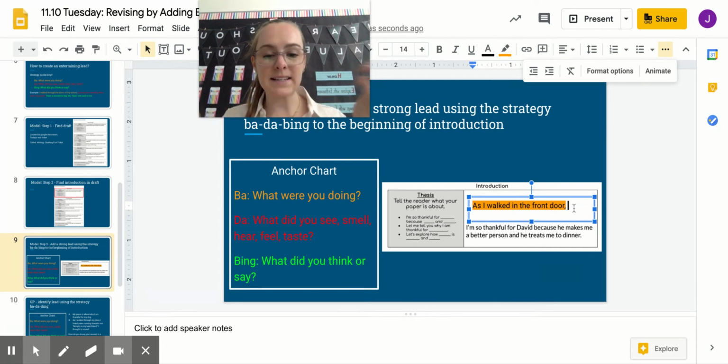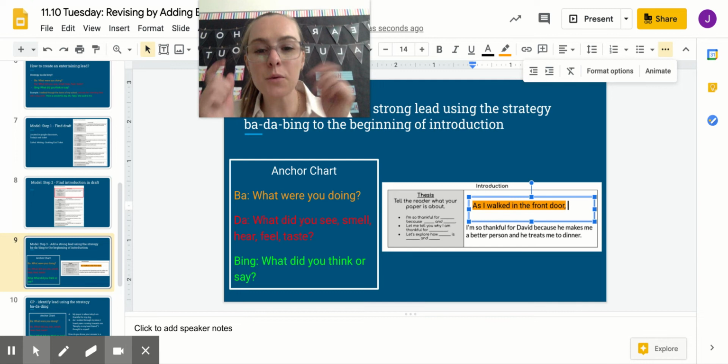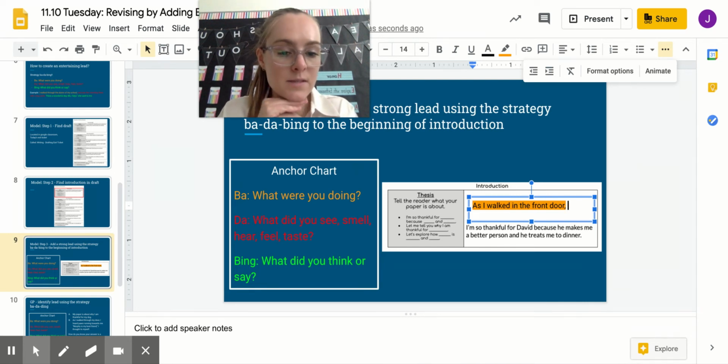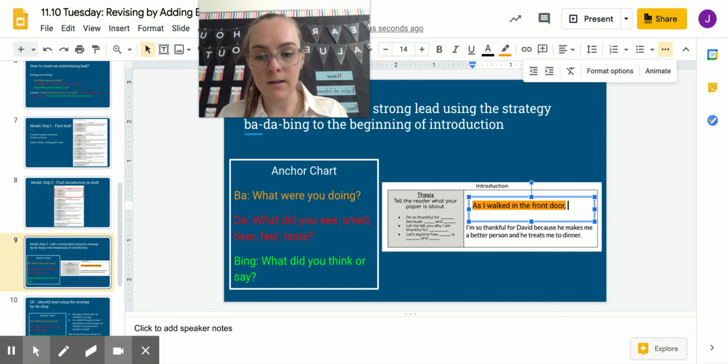Now, what did I see, smell, hear, feel, or taste? Well, I know I saw David. He was sitting in the kitchen at the kitchen table working. So that is what I saw. So far I have, as soon as I walked in the front door, I got to add the da now.